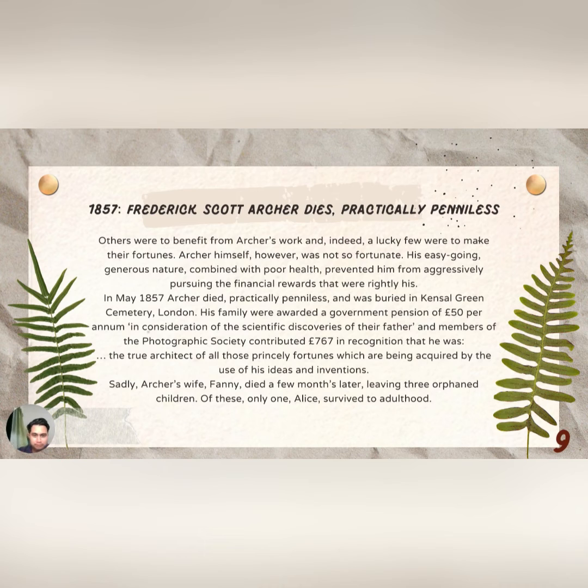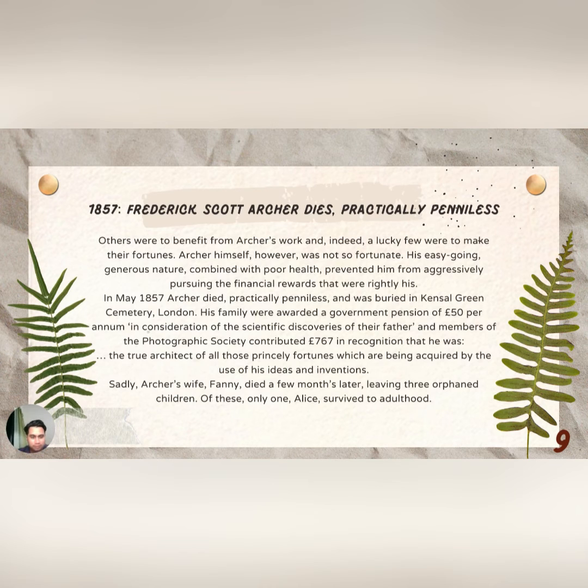Frederick Scott Archer died tragically penniless. Another way beneath for Archer's work, and indeed a lucky few, was to make their fortune. Archer himself, however, was not fortunate. His easygoing, generous nature combined with poor health prevented him from aggressively pursuing the financial reward that was rightly his.